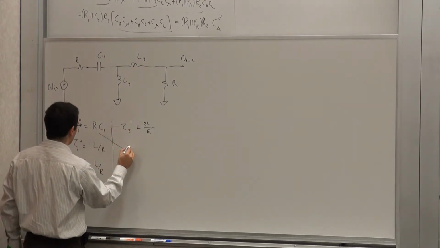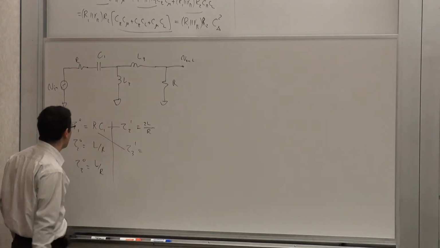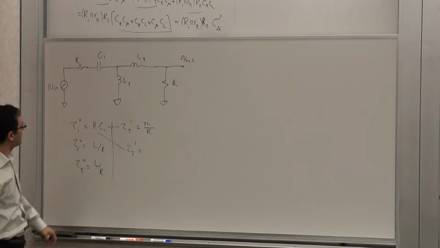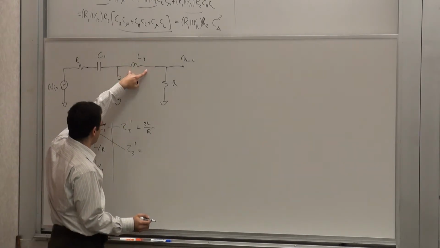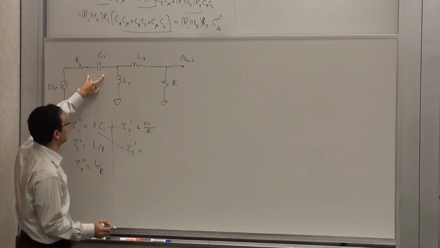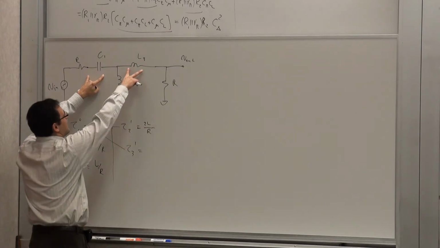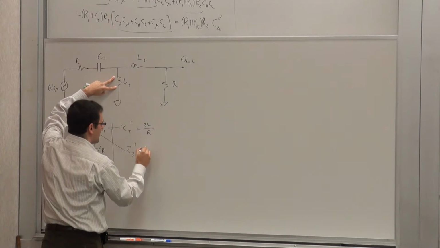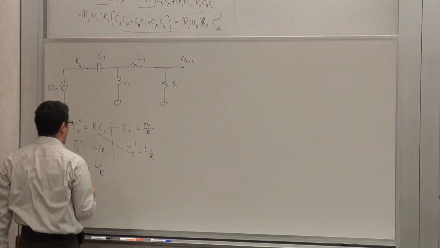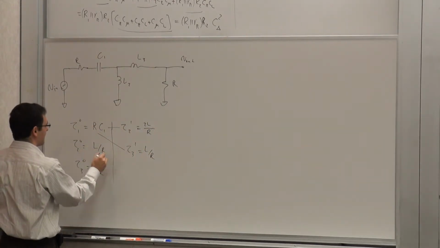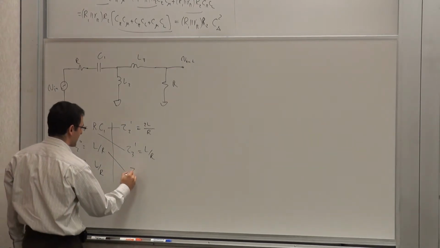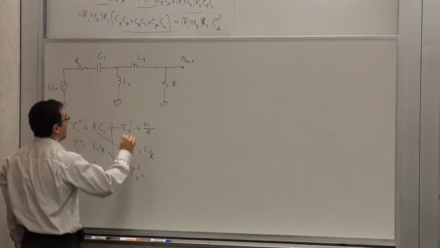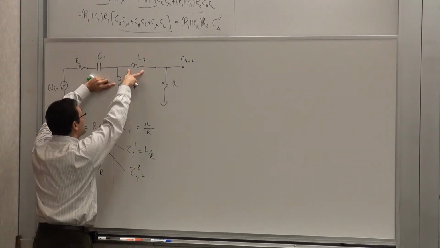And then I have another one, which is tau 31, if I wanted to use that. Tau 31 gives me what? Tau 31 is the resistance seen by this guy, but this is shorted. What do I see? What is the resistance seen? And this one is shorted too. So it's L over R. Okay? And I need one more. I can take this one and that one. So it's tau 32. 3 and 2 is infinite value.